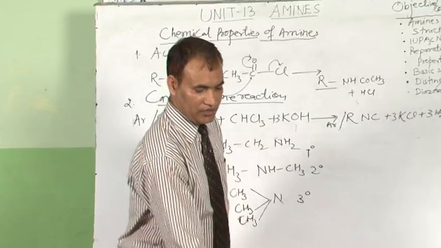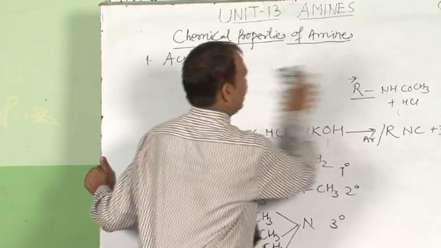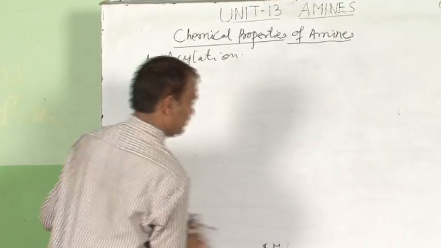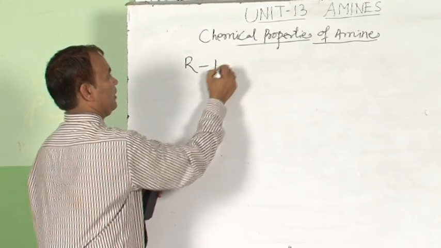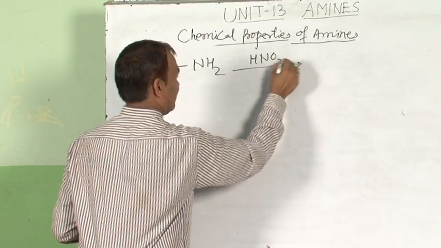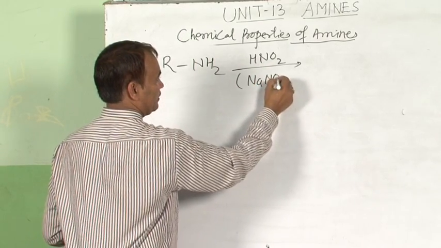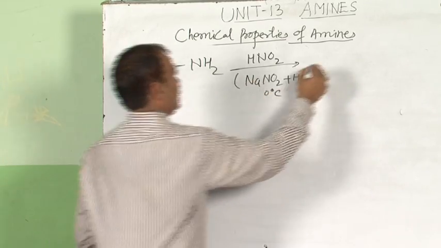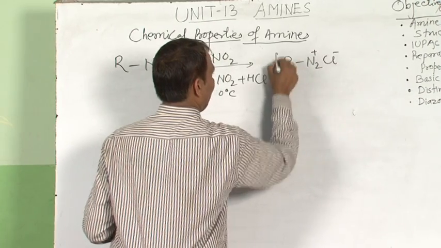The next one is reaction with nitrous acid. Primary amine reacts with nitrous acid to form the diazonium salt. For example, aliphatic RNH2, when treated with nitrous acid, that is obtained by treating with sodium nitrite and hydrochloric acid at 0 degree Celsius, gives the diazonium salt.